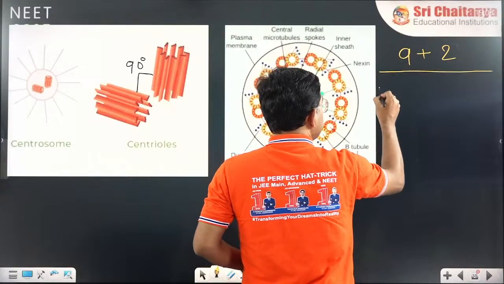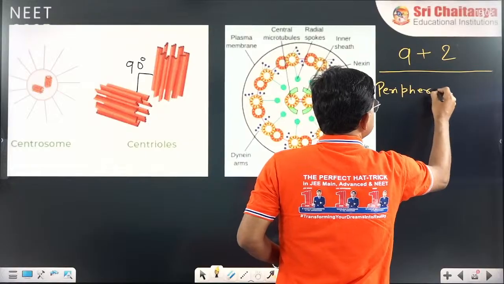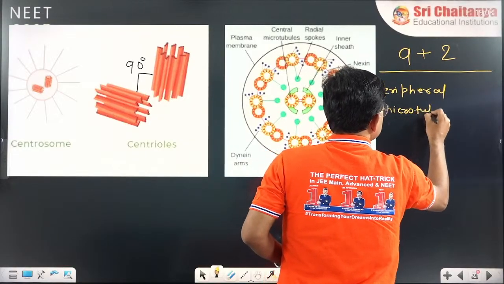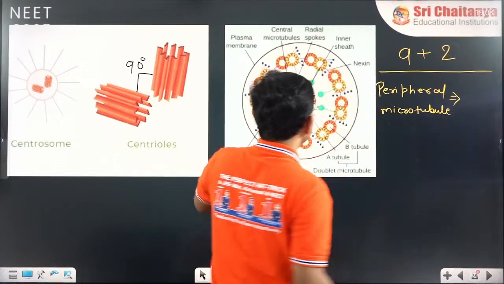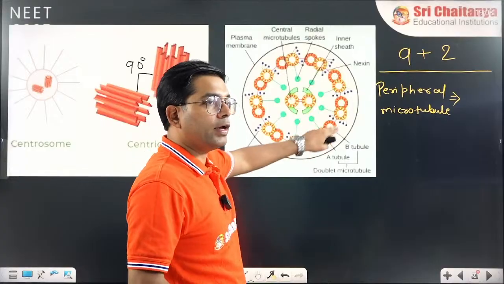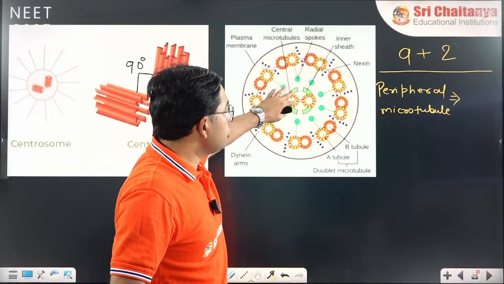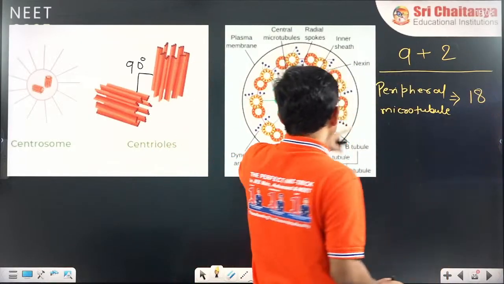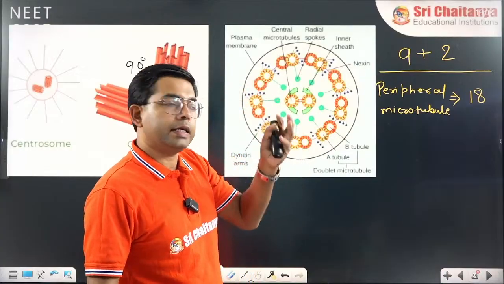If I say peripheral microtubule, tell me the number. Peripheral microtubule means microtubule which is present at the periphery. So peripheral microtubule is 18, right? How 18? 9 doublets are there, so 9 into 2, 18.